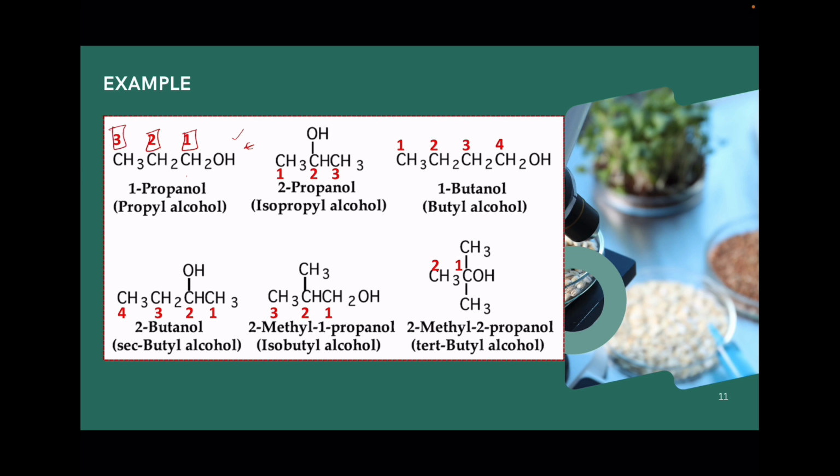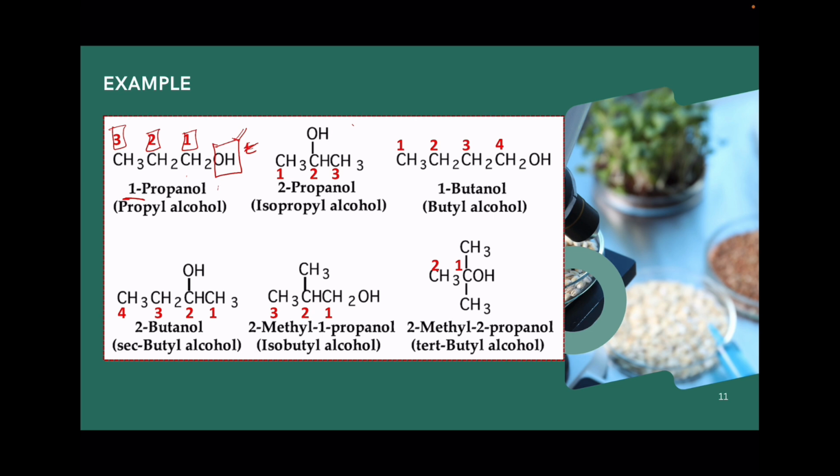At carbon number 1 is attached OH. This means we need to find the direction which gives the lowest number to OH. That's why I start from the right side. After you identify the numbering, you can name this compound as 1-propanol, which means at carbon number 1, it is attached with the hydroxyl group.